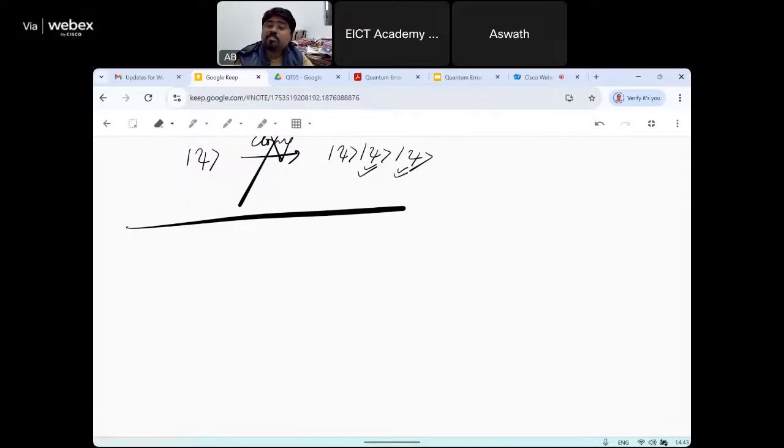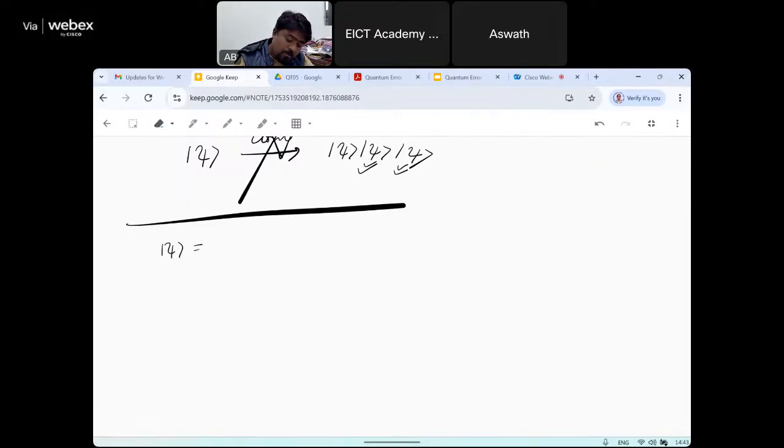That's the simplest way to explain. Let's say I have a qubit which is alpha 0 plus beta 1. I'll take three qubits and ask them, please carry the information on your shoulders.